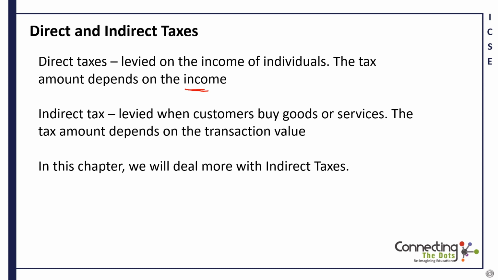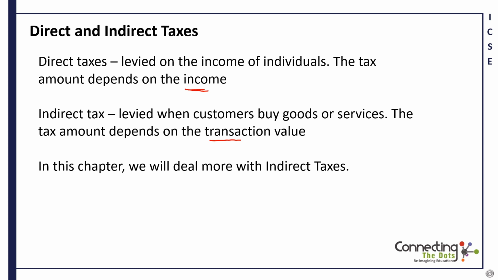Indirect taxes are collected by the shopkeeper when you buy something in a shop, and that tax amount is then given to the government. So it is an indirect tax, and that tax amount depends on the transaction value. If you buy a car, the cost is much higher, and therefore the value of the indirect tax is much higher.